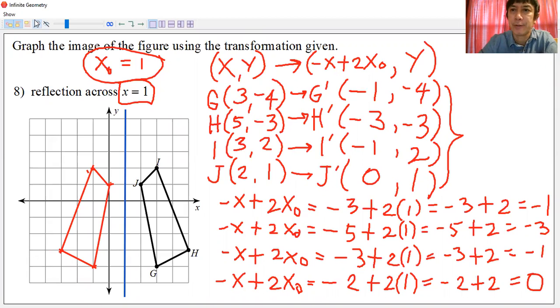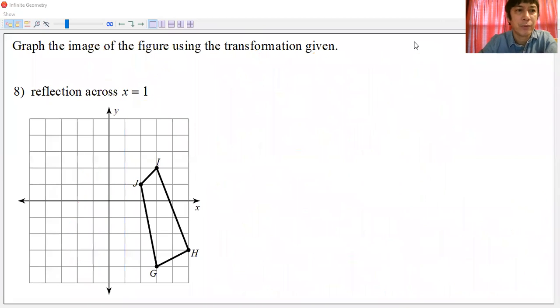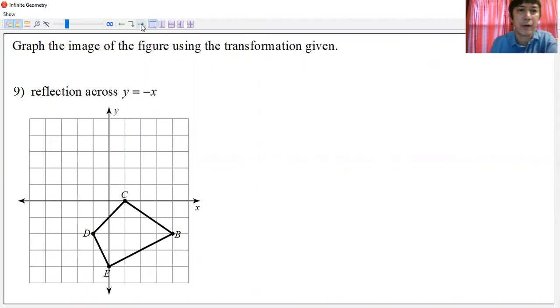All right, let's continue with example number 9. Okay, graph the image of the figure using the transformation given. Reflection across y equals -x. Okay, let's draw our line of reflection first using a blue line.